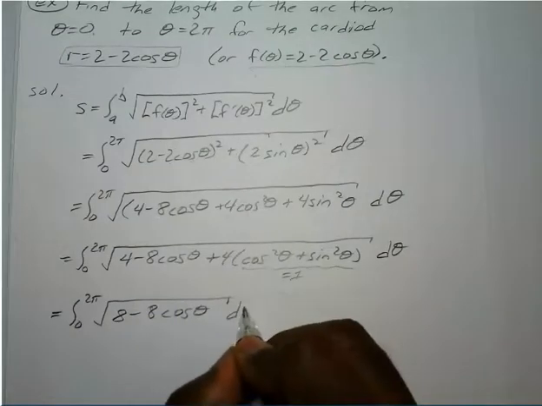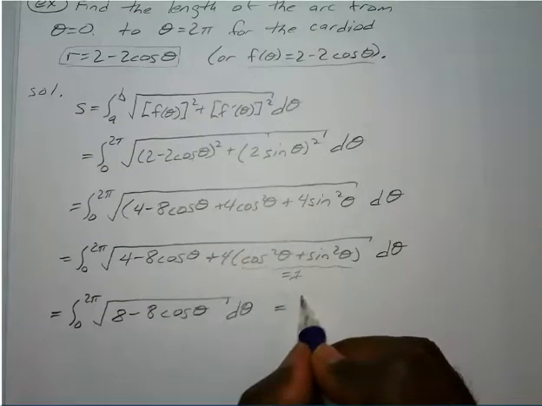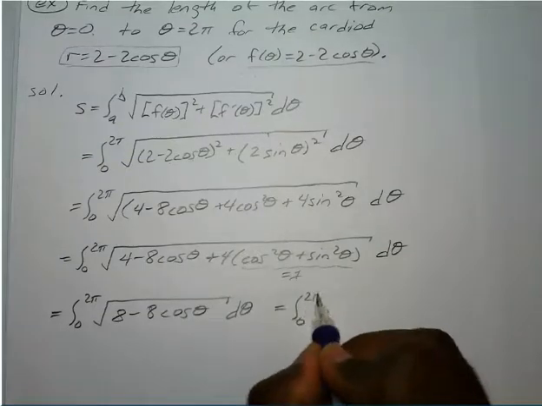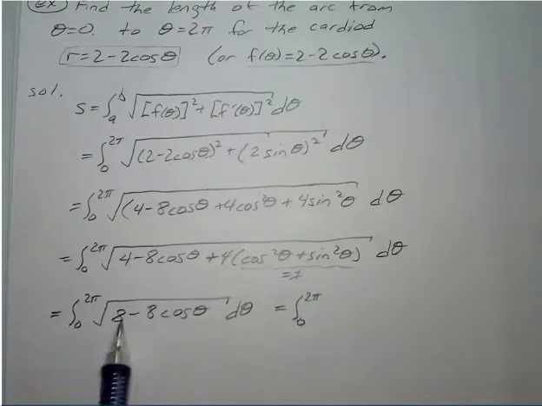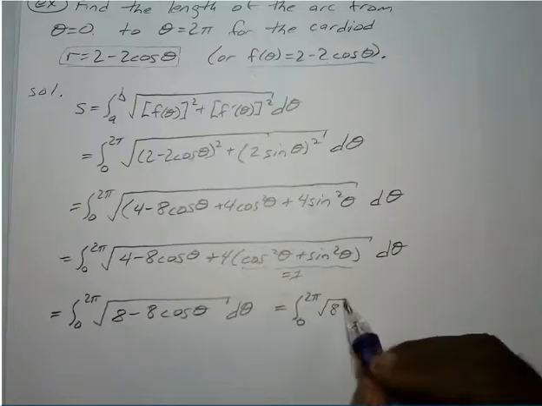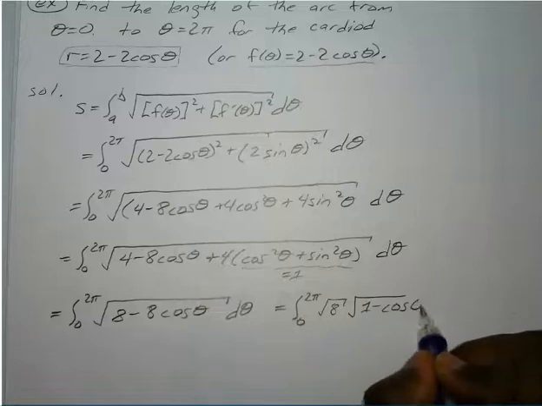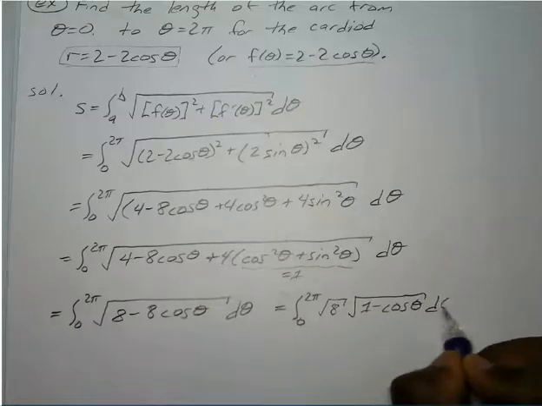With respect to theta, which equals the integral from 0 to 2 pi. If we factor out an 8 here, we have our square root of 8 times the square root of 1 minus cosine of theta with respect to theta.